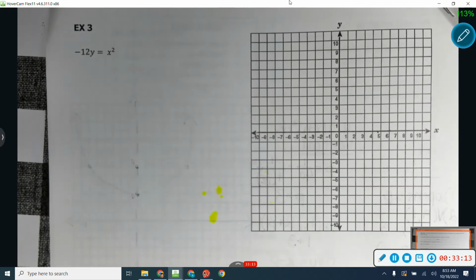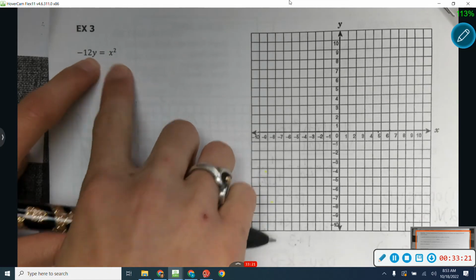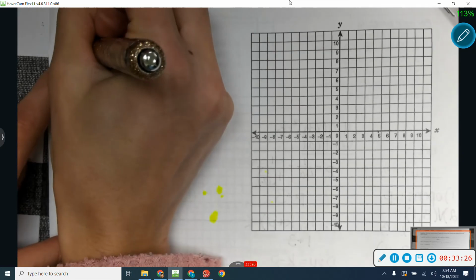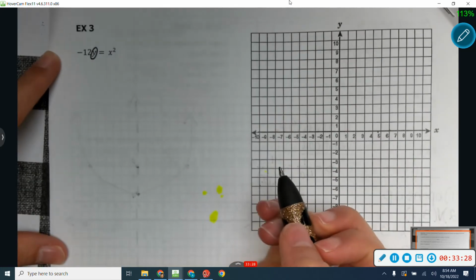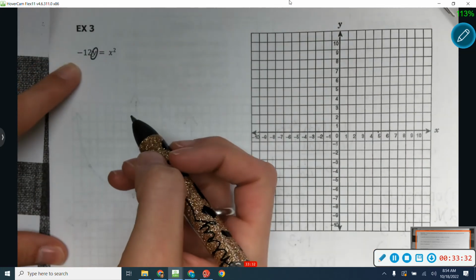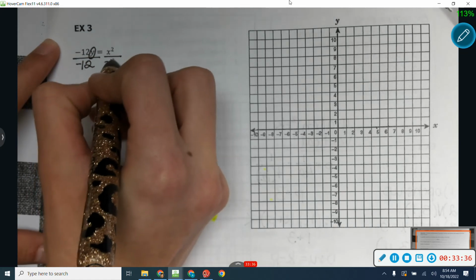All right, example 3. Is that in standard form? No. Okay. When you have something like this, I want the one that's not squared by itself. Okay? So I want this y by itself. So what do I need to do? I'm going to divide by negative 12.